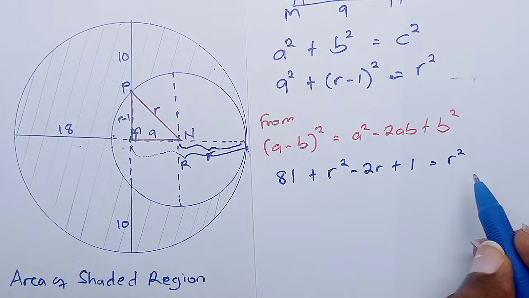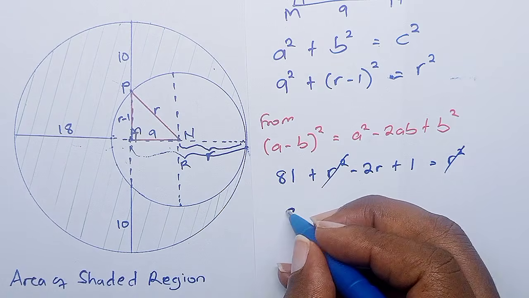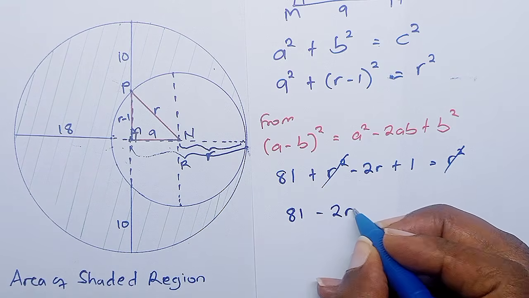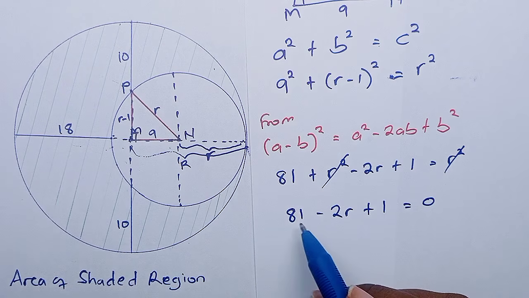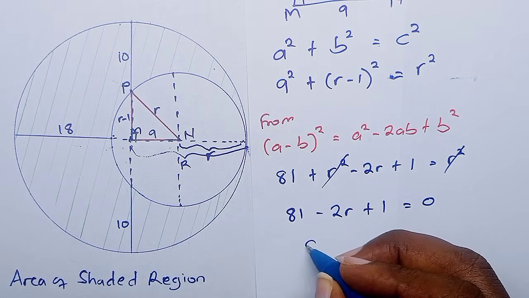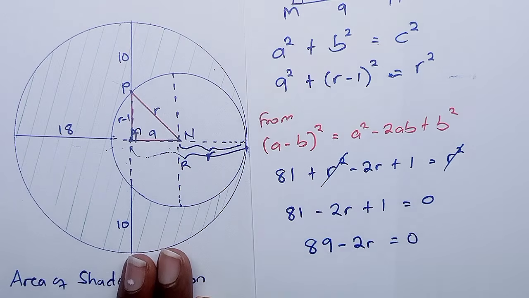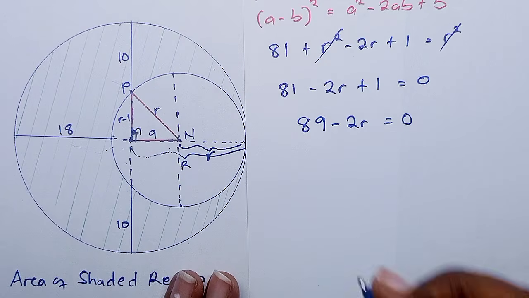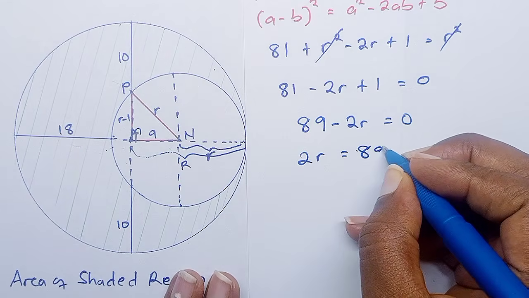Now when this R squared comes this side, it will become negative, so they cancel. So we are left with 81 minus 2R plus 1 is equals to 0. 81 plus 1 is 89. So 89 minus 2R is equals to 0. We make 2R the subject, so we shall have 2R is equals to 89.